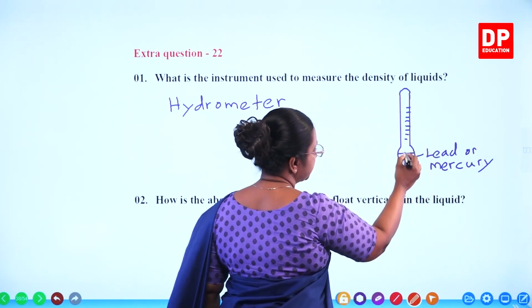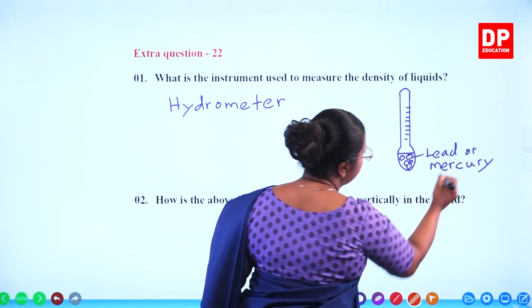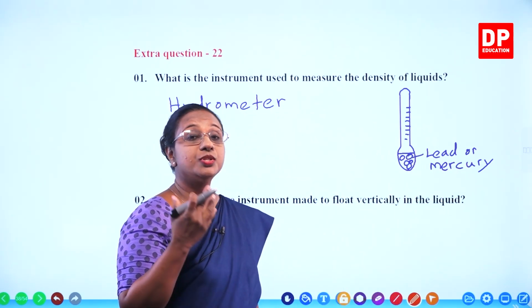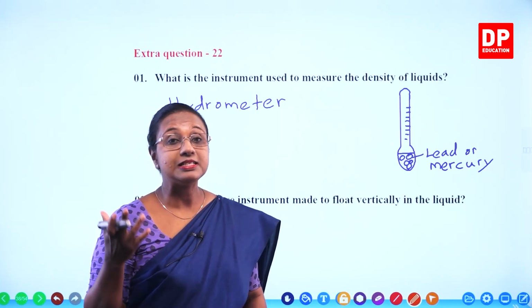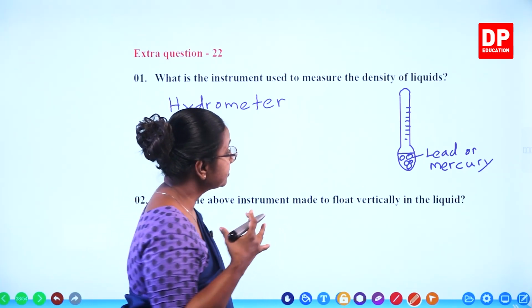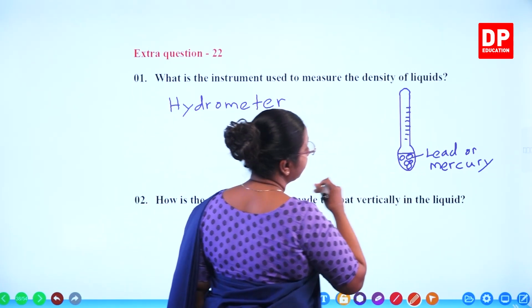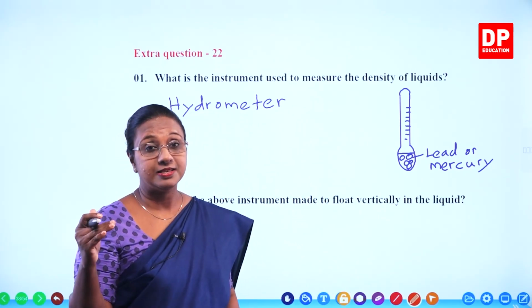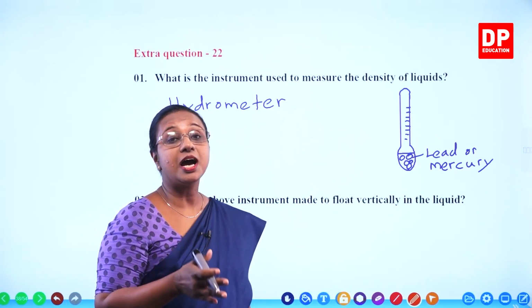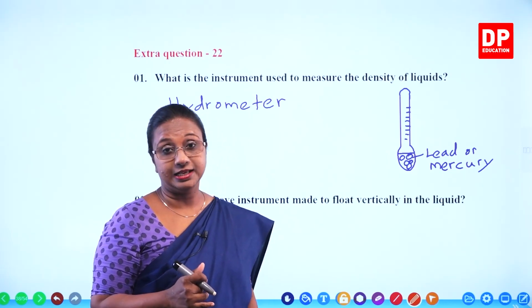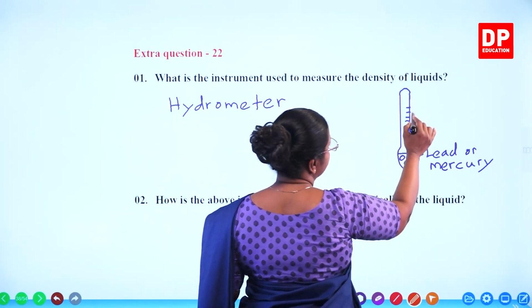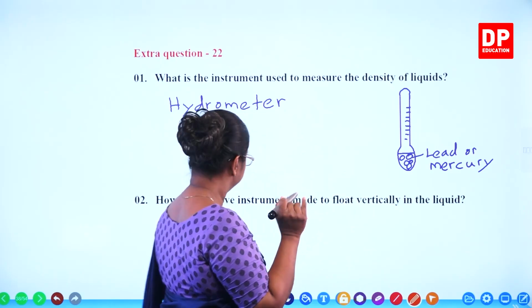So this is the glass tube with a bulb. Inside the bulb there is lead or mercury. So this lead or mercury, they are heavy metals. So because of that, this particular hydrometer gets a certain weight. And this weight helps the hydrometer to float vertically. So there we have the glass tube and the calibration also.